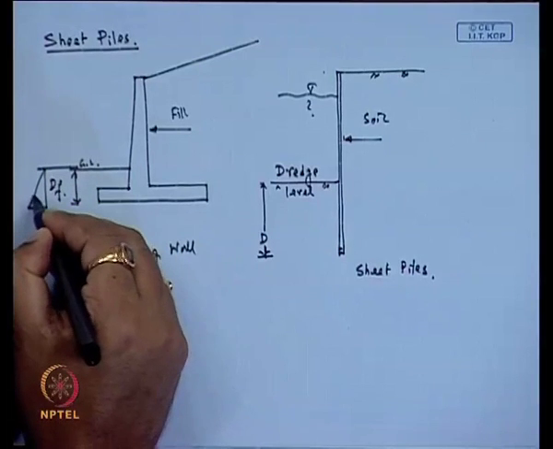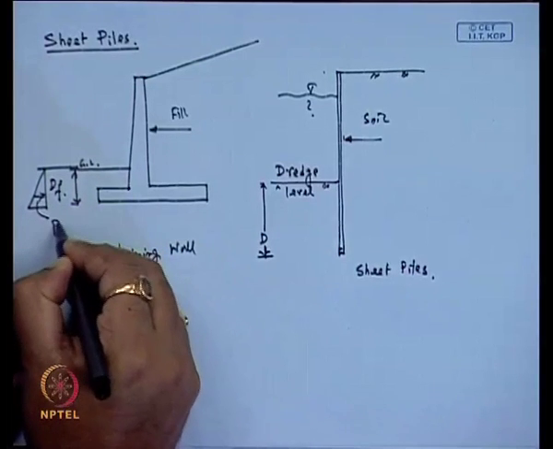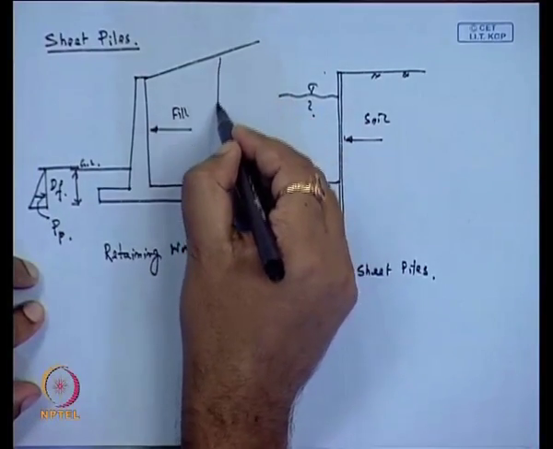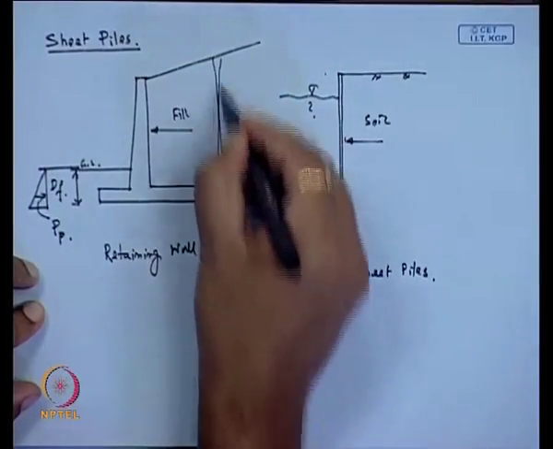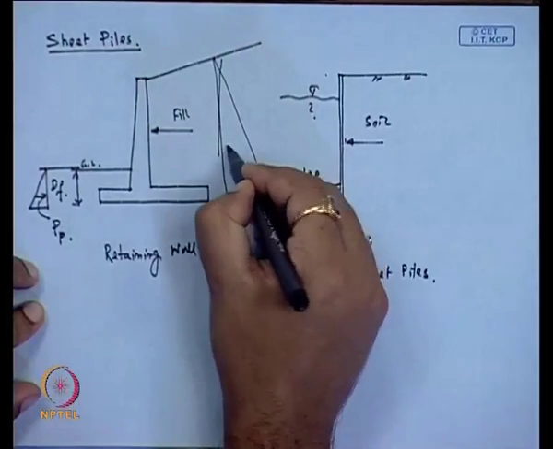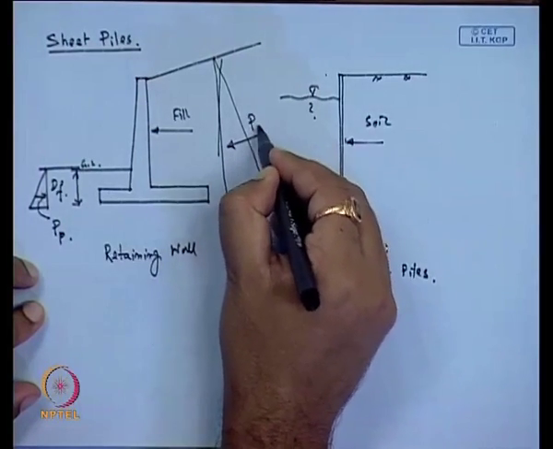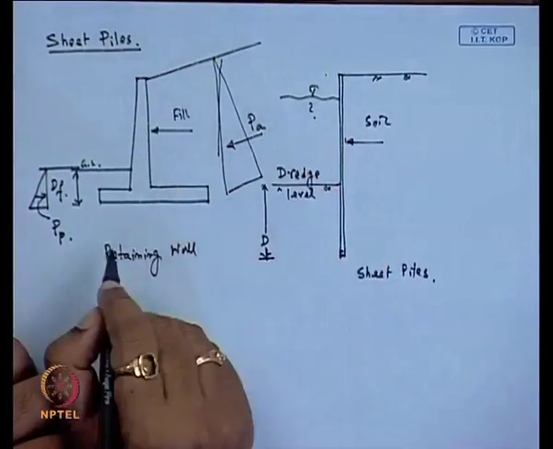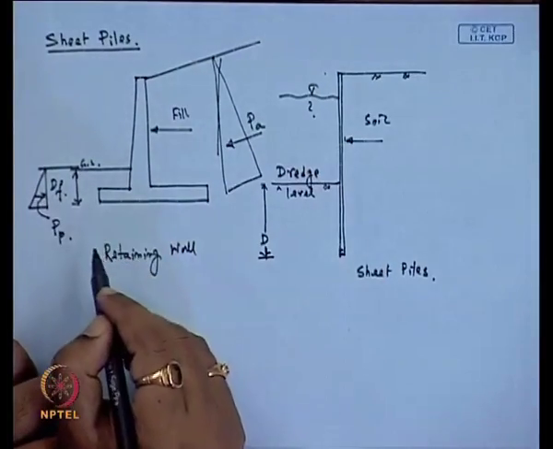So, this side we can say is the passive resistance P P, and this is the active pressure P A. Now, this active pressure is acting from this side, and passive pressure is acting from this side.